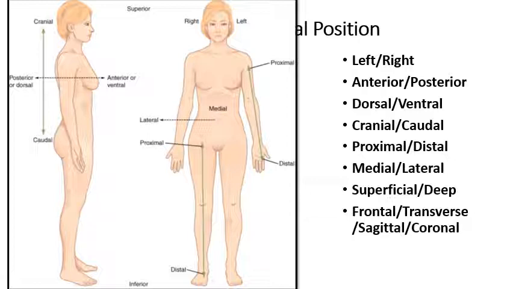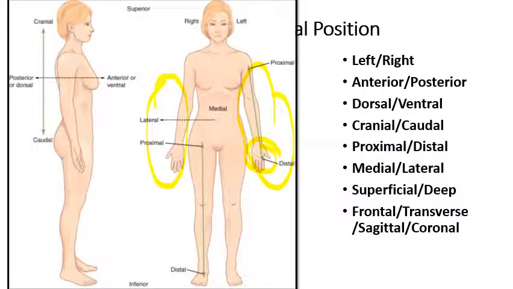She's facing us, which means that her left hand will be on our right hand side. So this is her left hand, which is on our right. But we don't care about our right. We only care about her left and her right. So this is anatomical left, and this is anatomical right.